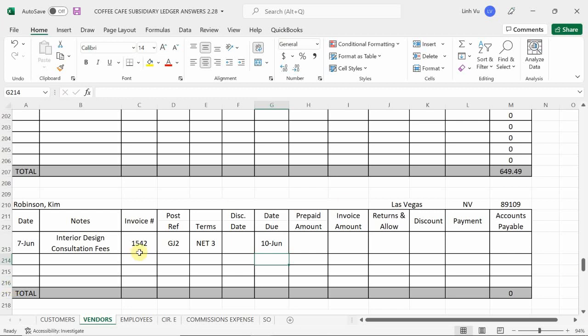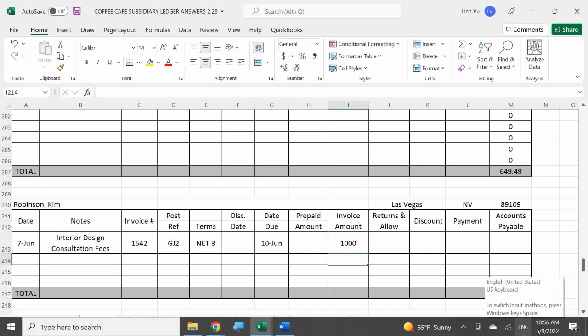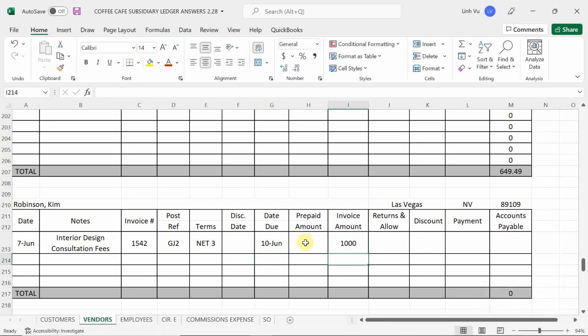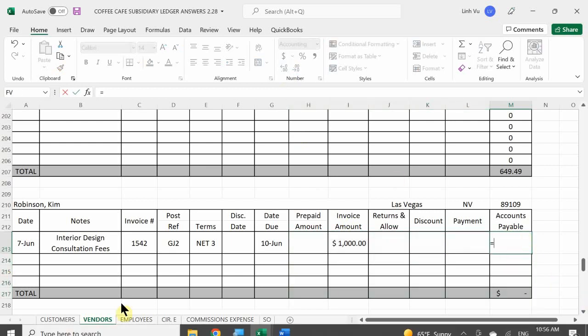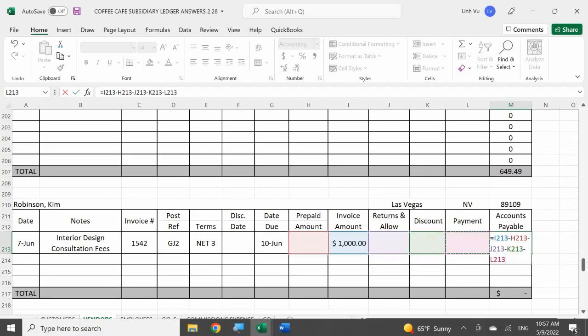And let's see, how much was this bill out for? It's $4,000. And once again, we did not make a payment. So if I didn't make a payment, that means I owe Kim some money. Let's take a look at my formula once again. I need to use my invoice amount, subtract any prepaid, subtract any return, subtract any discount, subtract any payments.